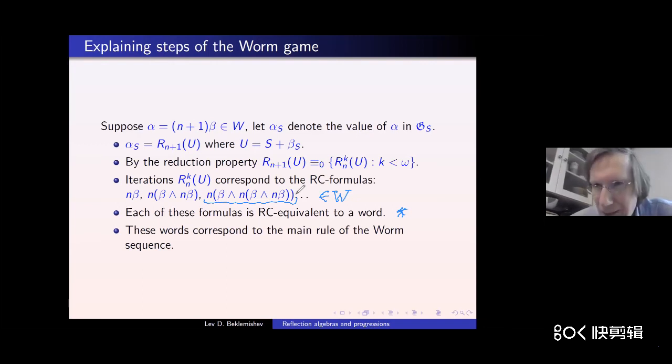So these are exactly the worms read off from this process. So in fact the worm game amounts to this: we delete 0 once we encounter a word in which the reduction property does not apply.